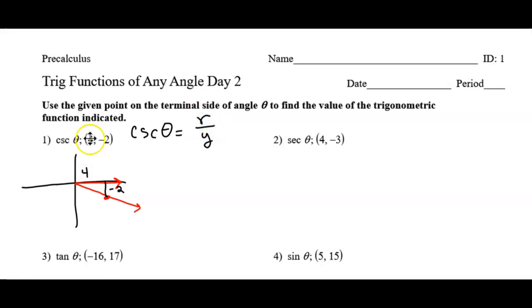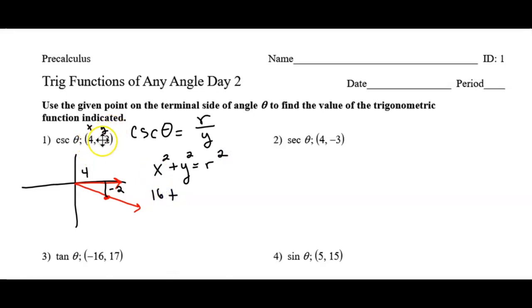You have x and you have y, so you need to find r, just doing x squared plus y squared equals r squared. So x squared, we're going to square our 4 and get 16.